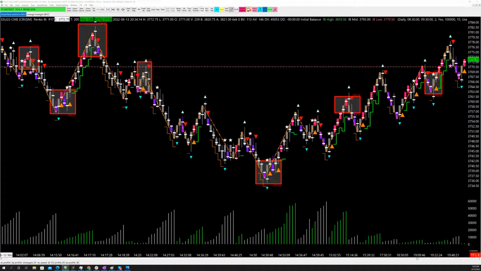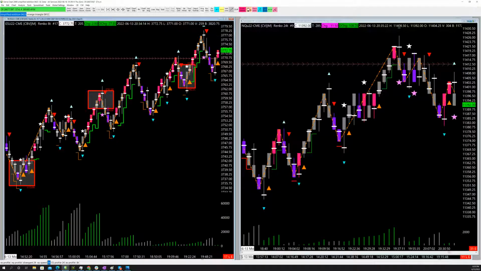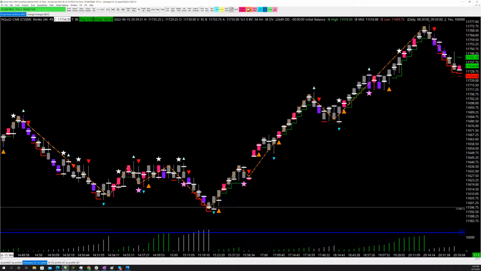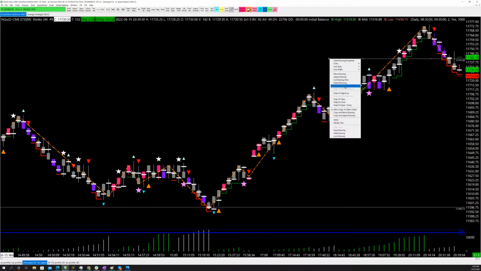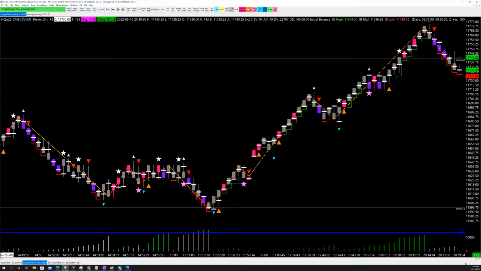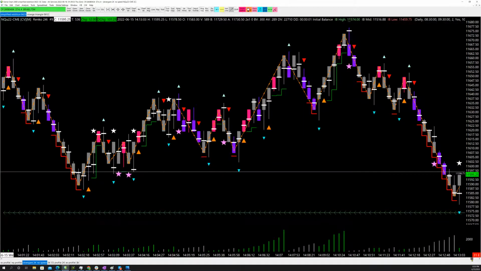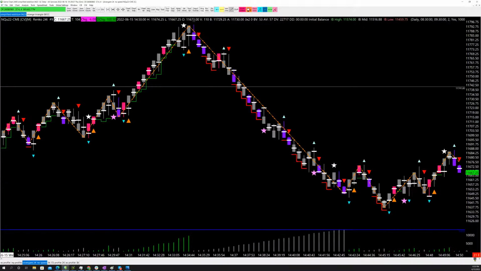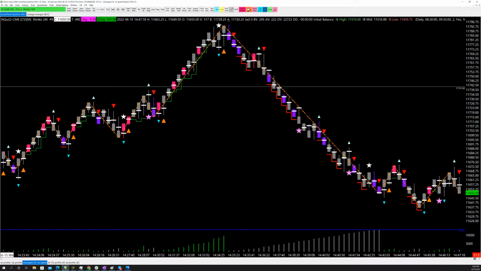So if I jump over to 11,740 on NQ, this is 11,740. So when you look, it approaches 11,740 up there.